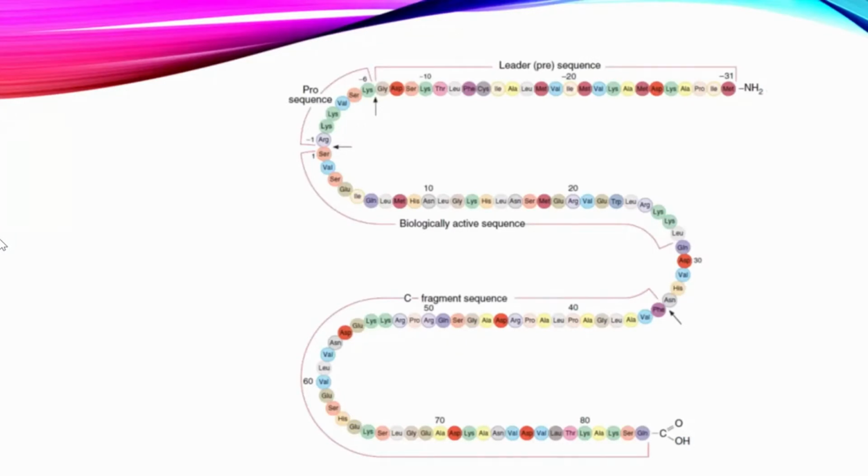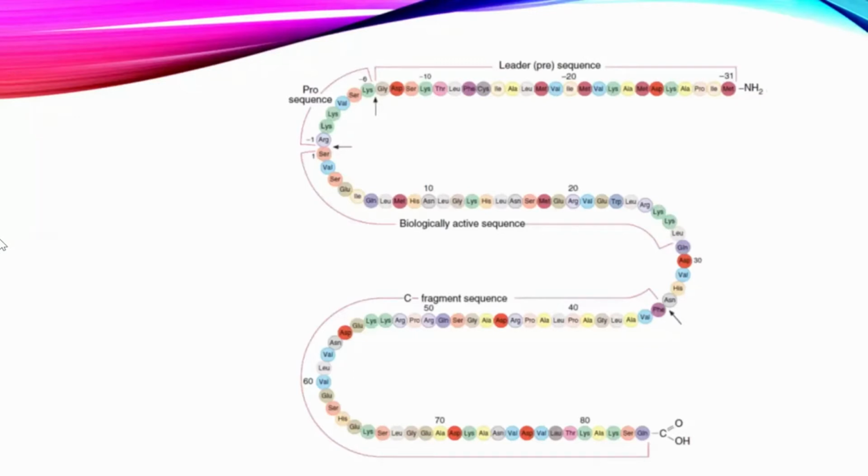This hormone is synthesized by the ribosomes of the rough endoplasmic reticulum as a pre-pro hormone.